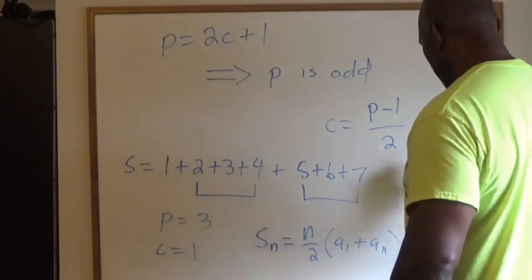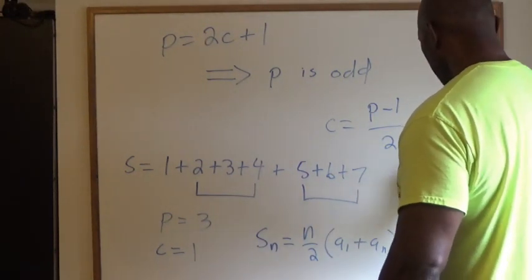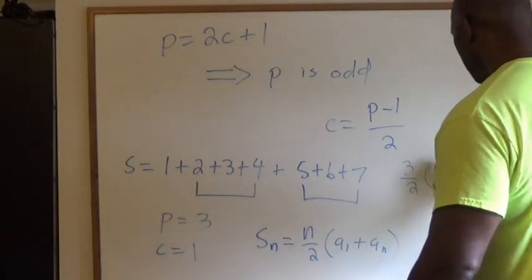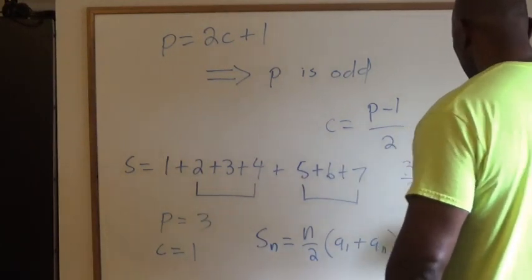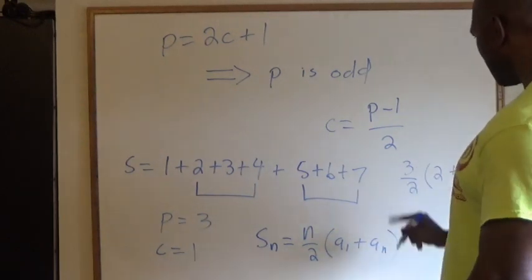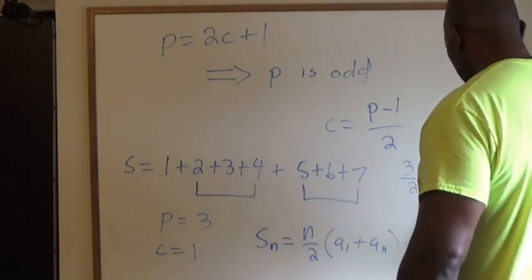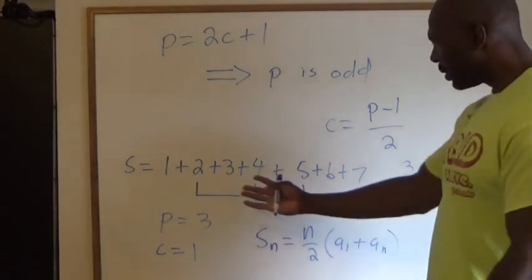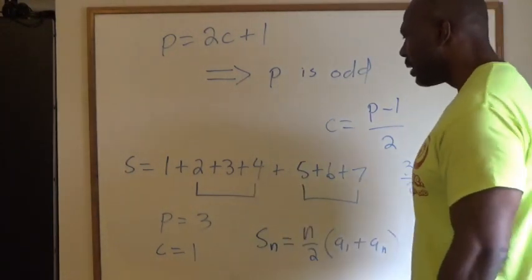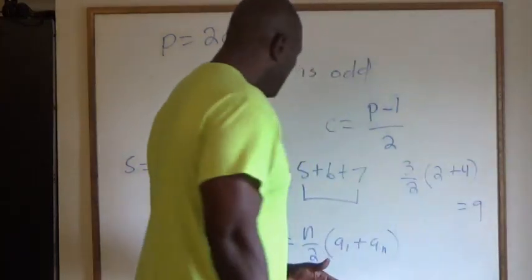So I would have 3 over 2 times (my a1 is 2, my an is 4). So that's 6. So that's 6 times 3, which is 18, divided by 2, which is 9. That's just showing that the formula works on this small finite partial sum, but it works in general.